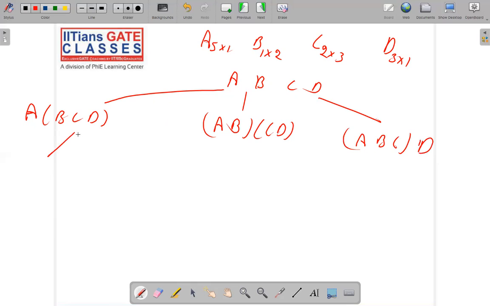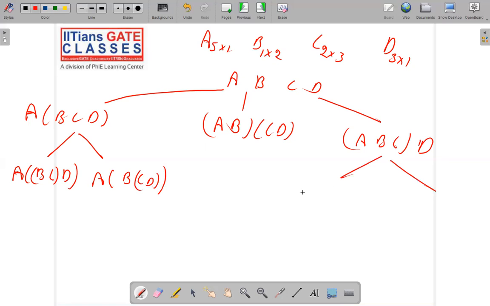And this also has several branches, like A, BC first, then D. Like BC will be multiplied first, then it will multiply with D, then it will multiply with A, right? Another option is I'll multiply CD first, right?